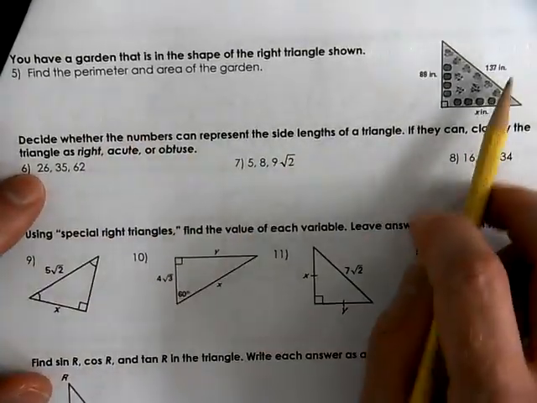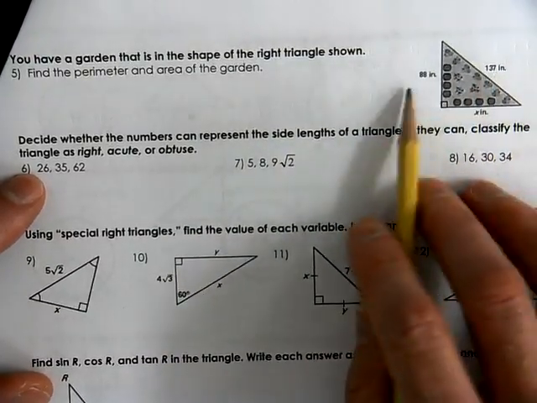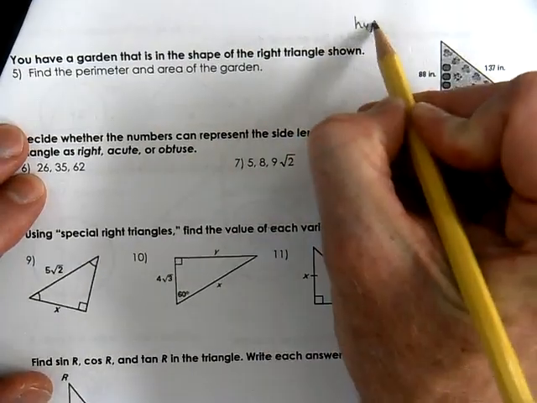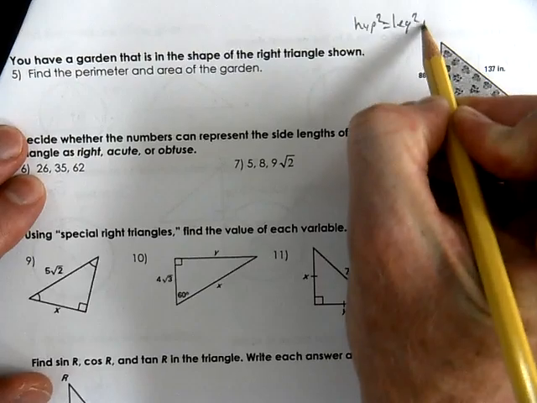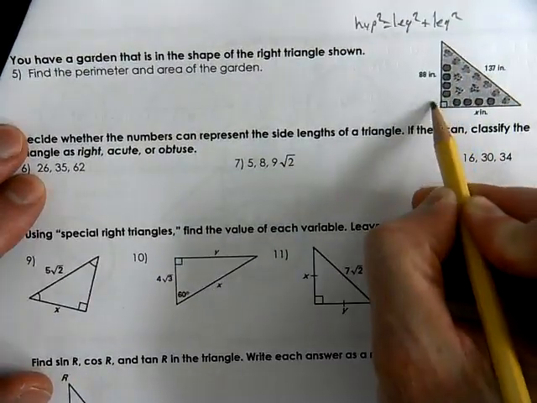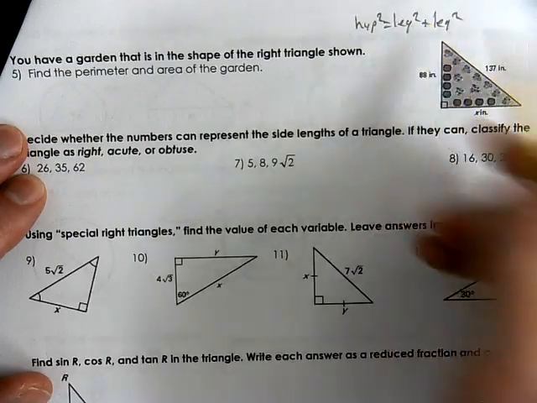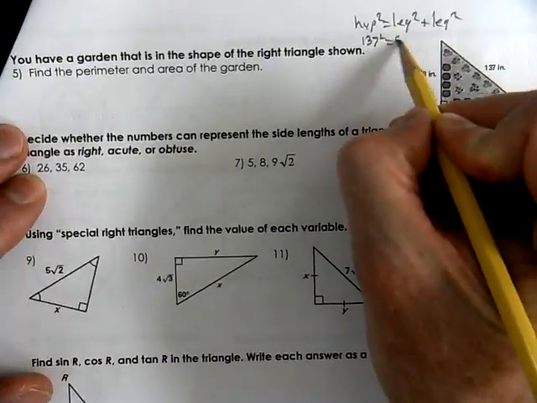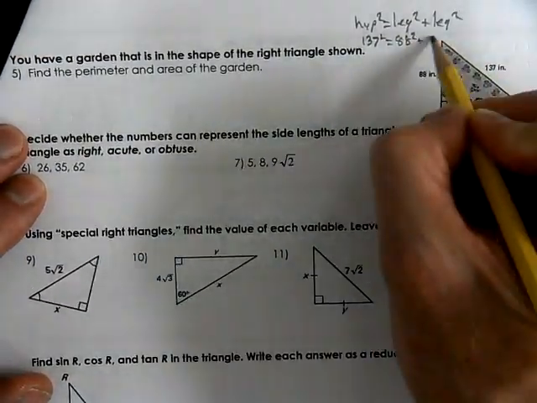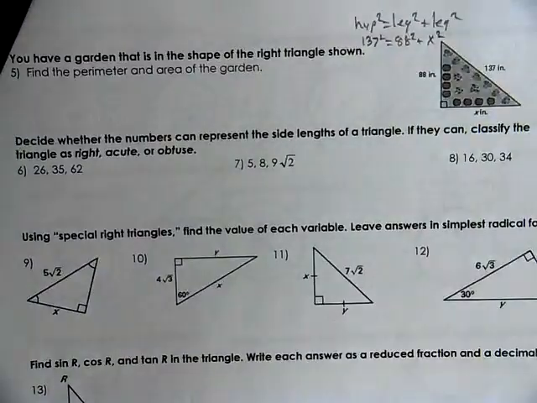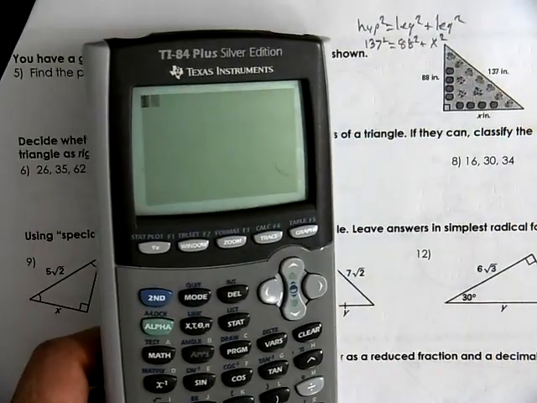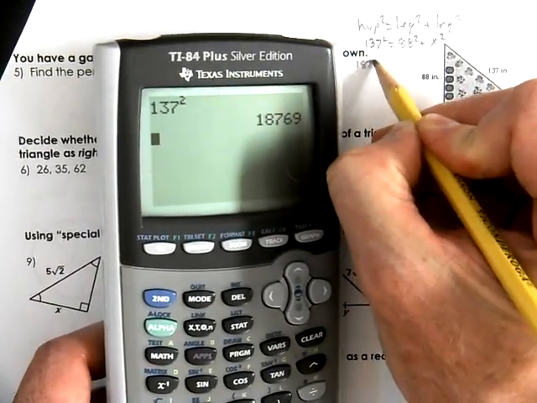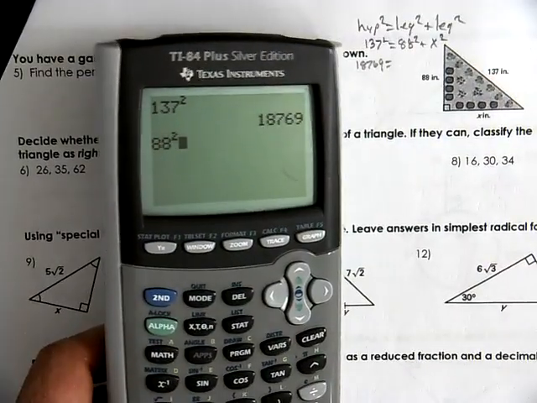Find the perimeter and find the area. But again, I only have 2 sides. I need a third side. So we know 2 sides. We're told that this is a right triangle, so we can use Pythagorean theorem. So 137 squared equals 88 squared, and our unknown. So 137 squared and 88 squared.